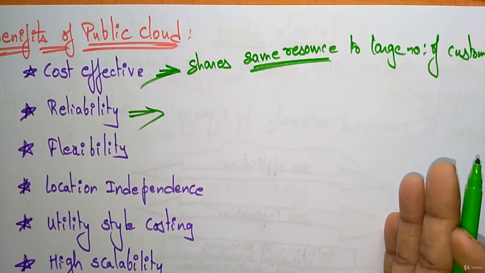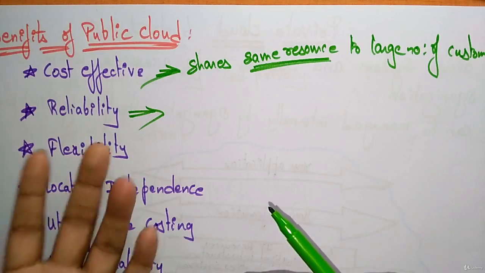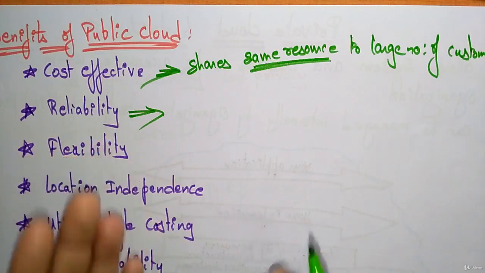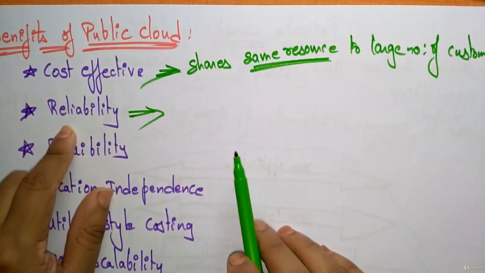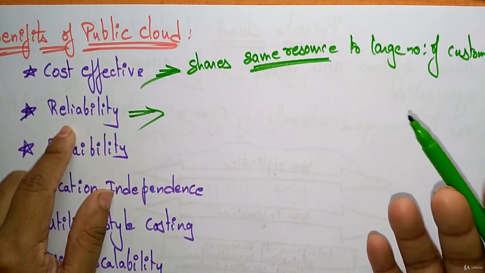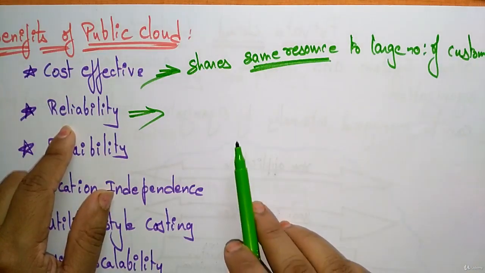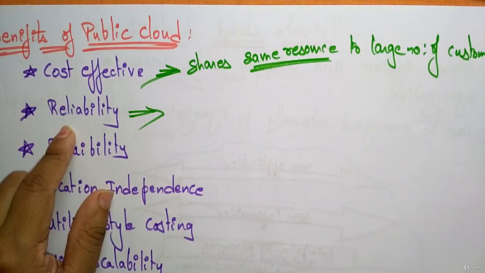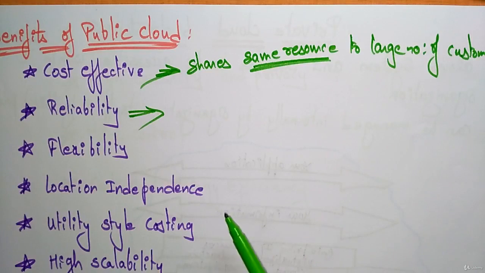Suppose you want to search something on Google, and whenever you are trying to retrieve some data, the server is not supported to you, you will go to another link. So that reliability is provided by the public cloud. It is giving more chances to you to access the data.